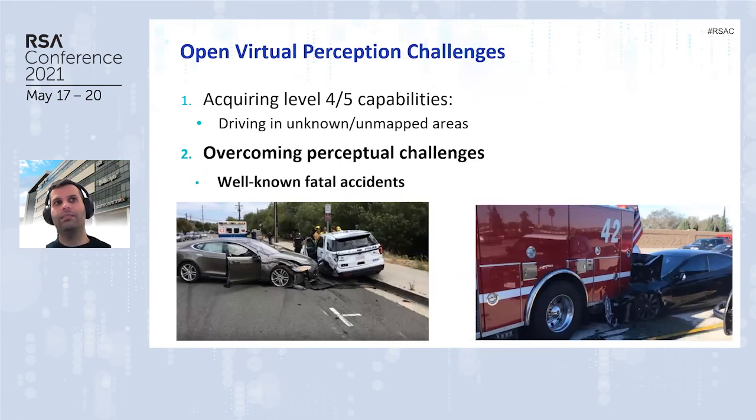Also, science needs to find a way to overcome some perceptual challenges, and some well-known fatal accidents demonstrate the perceptual challenges that ADAS still has. In these 2 well-known fatal accidents, Tesla's autopilot drove directly into parked cars on the side of the road. These pictures are taken from the accidents.